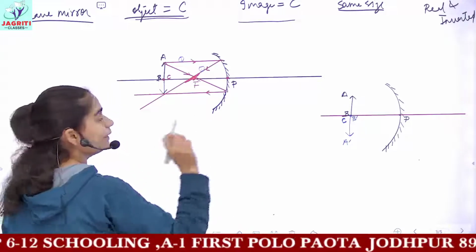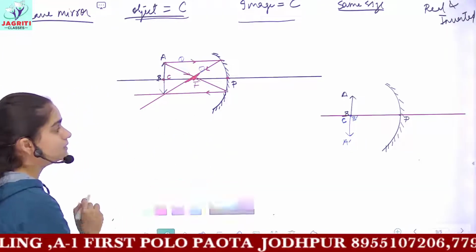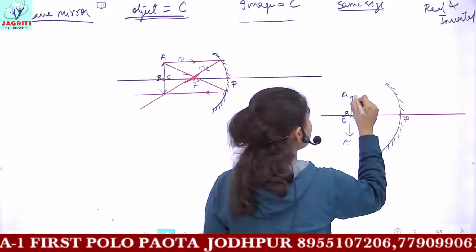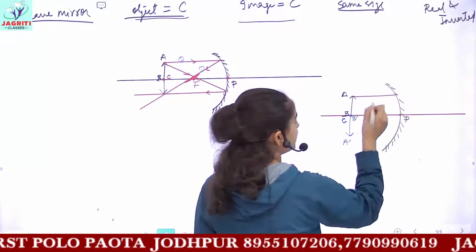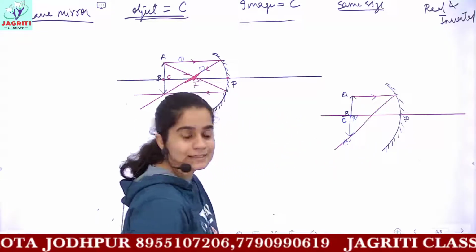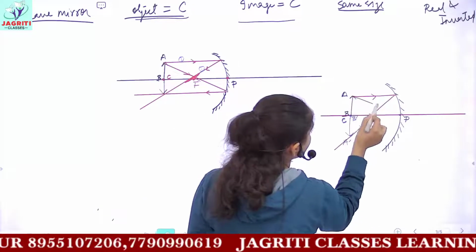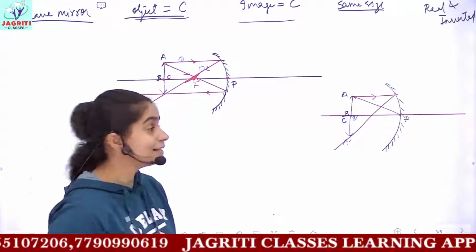Now after drawing this, you can draw the light rays which are coming from the object. See how we'll draw it. The first light ray which is coming from the object, after reflection, would pass through the focus. And the next light ray, if I tell you that it is coming to the pole, this is the fourth rule.